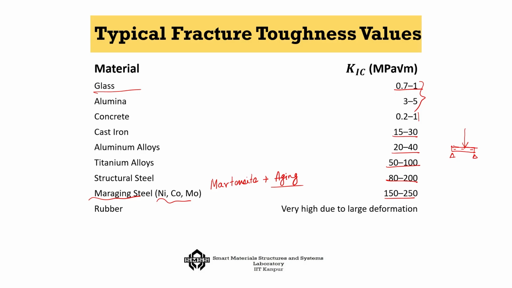We will see later on the sources of cracks and how this precipitation hardening can stop them. But right now I just want to tell you that maraging steel is very good in terms of fracture toughness. Rubber also has a very good fracture toughness, but since it cannot take a large load, we generally would not consider it for this type of application.